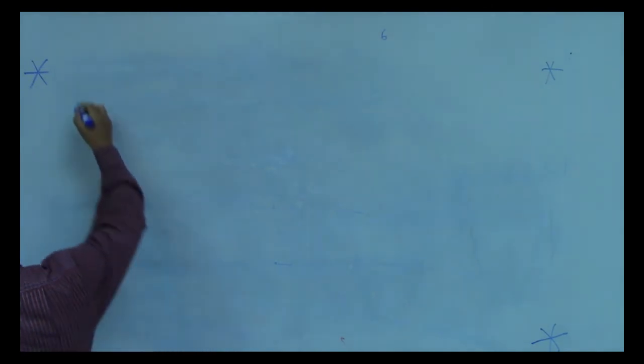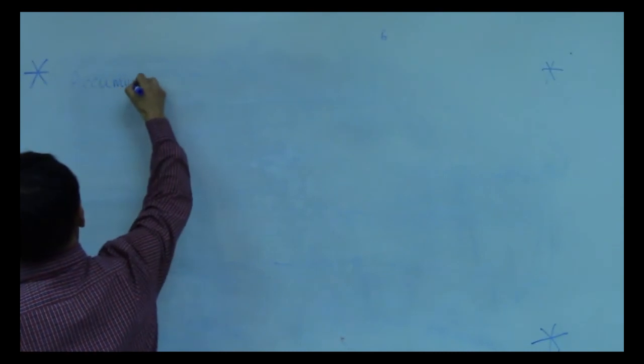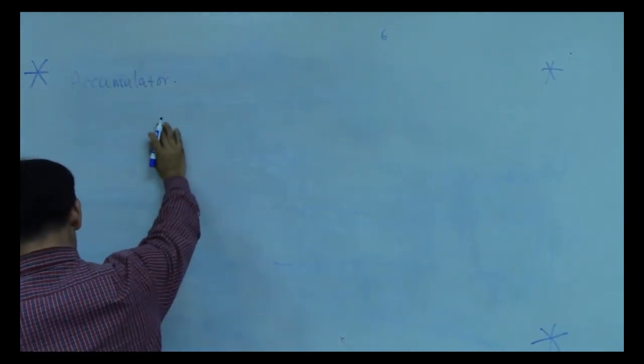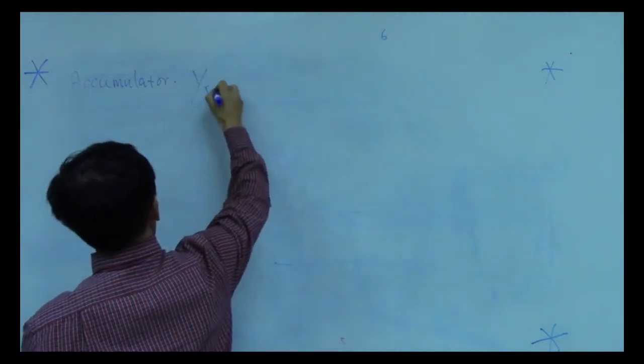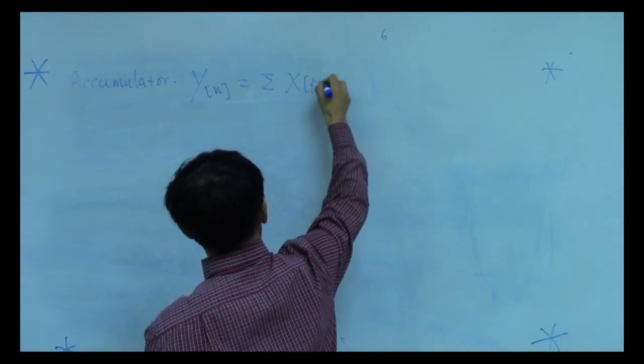Right? In continuous time we use the integration, but here we call it accumulator. Accumulator. This one, the output is just the sum of all the input.